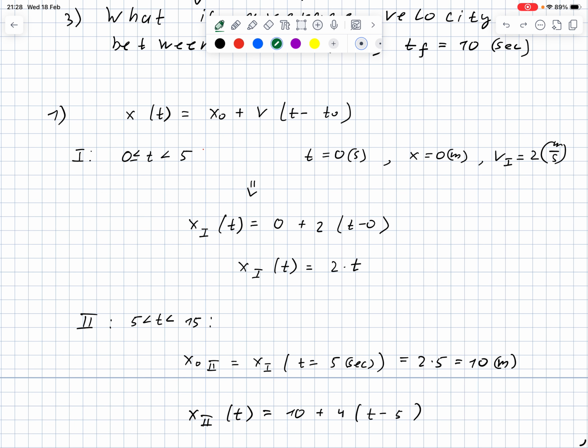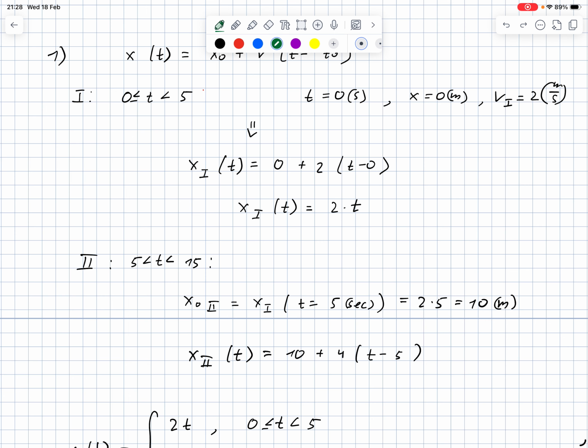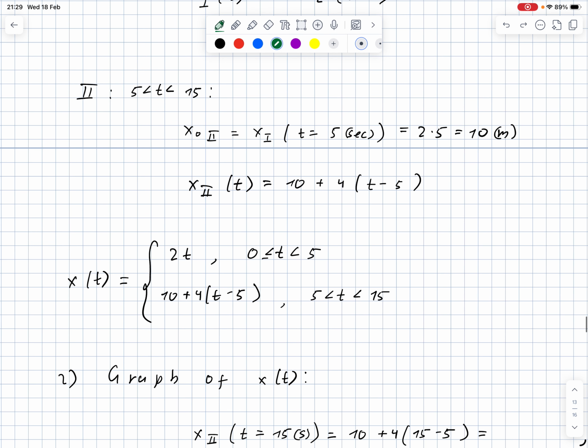Now we can find the second function of x of t for the second segment. At time of 5 seconds, the initial position is 10 meters, and we also know from the graph that velocity is constant, equal to 4 meters per second. Okay, also you can write down the x of t in this method.